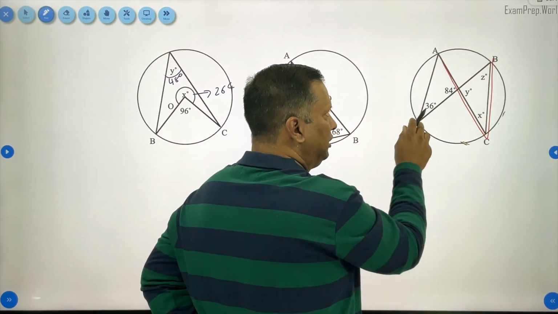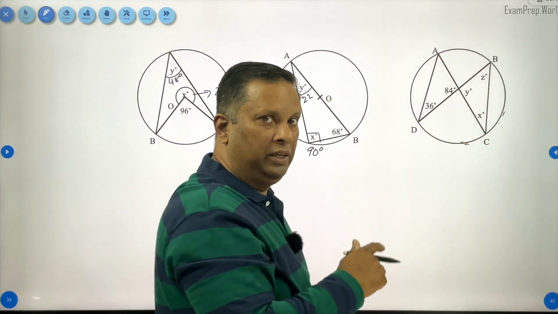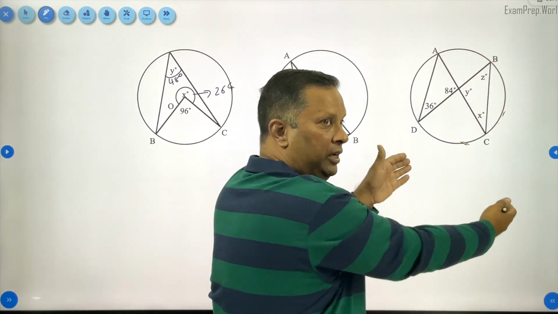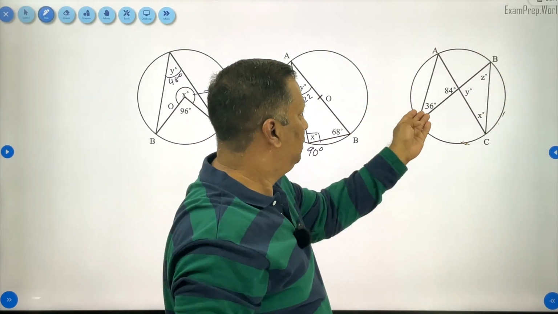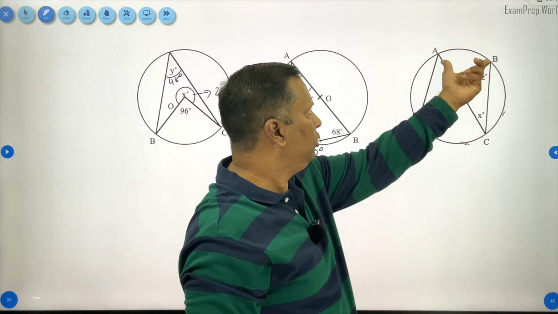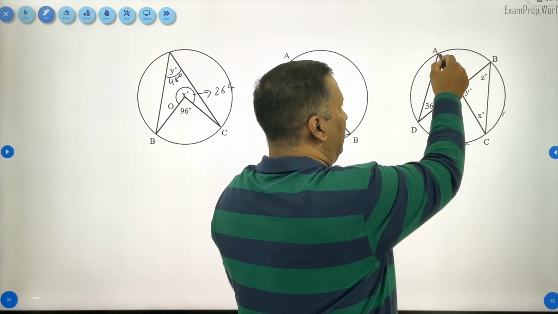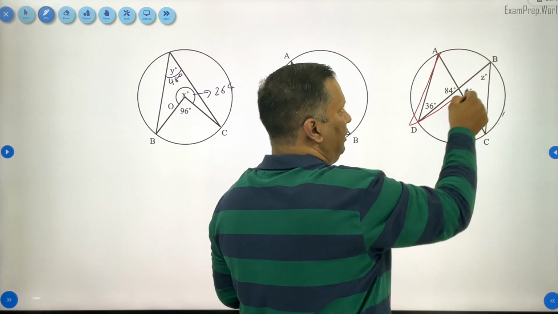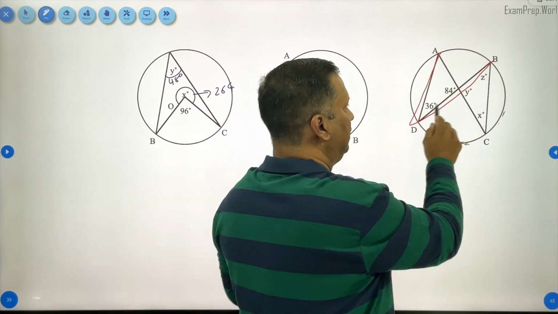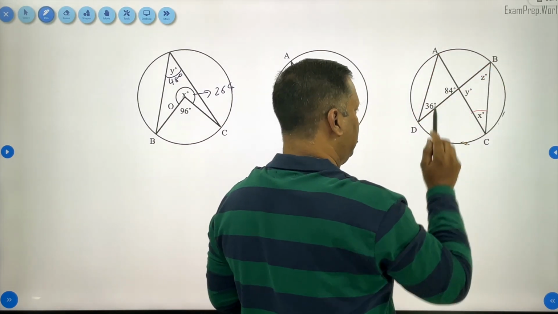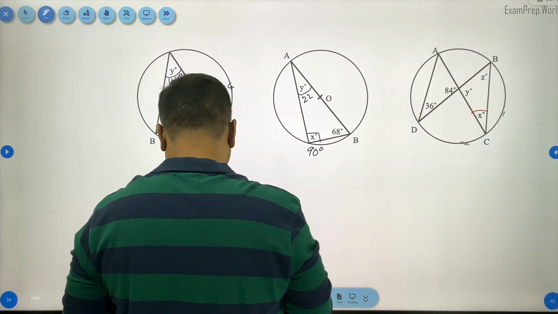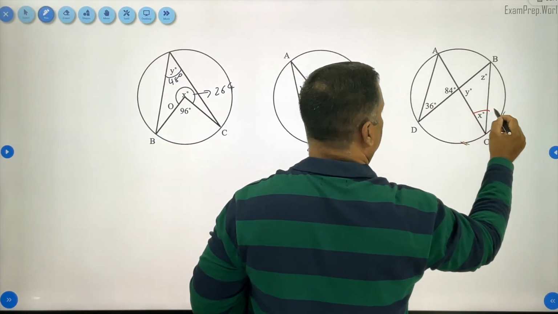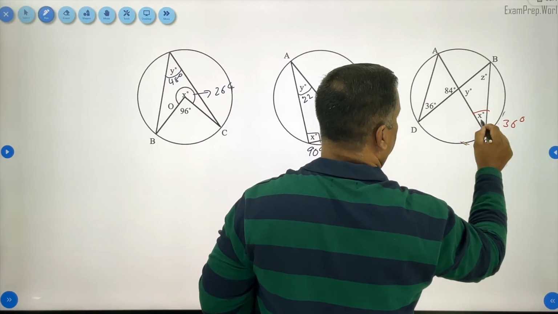So this angle has to be equal to this. In our example we learnt on the top, but an arc can be on the top and make an angle at the bottom too. So this is 36, this is also 36 because it is created by AB. See the lines coming from AB, and AB is also creating one angle here. So 36, and this has to be 36.